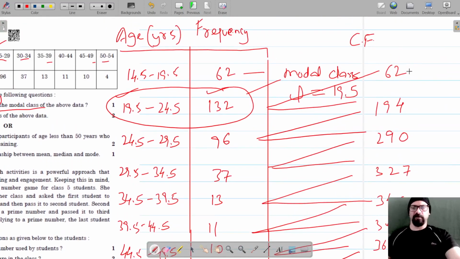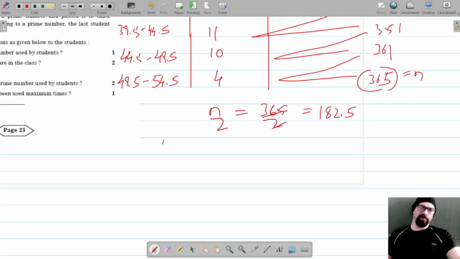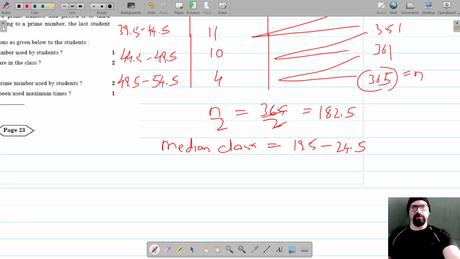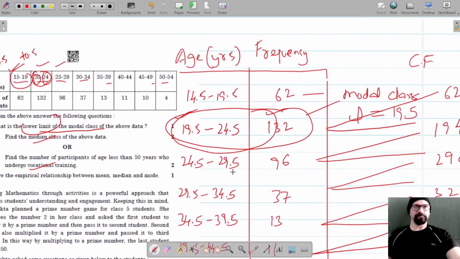We will get 182.5 after 62. So our median class is 19.5 to 24.5. Okay, moving on to the next question.